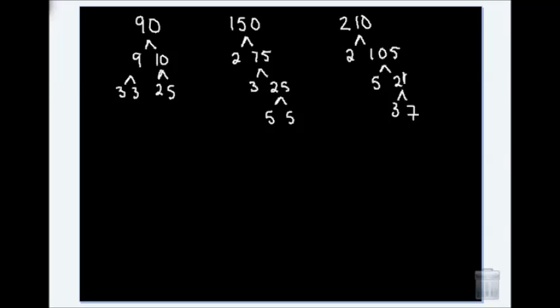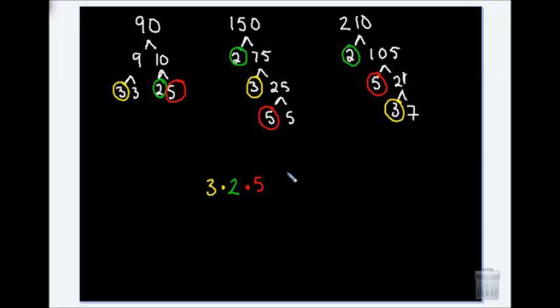Instead of pairs though, because I have 3 numbers, I'm going to look for triplets. So I have a 3, and a 3. I have a 2, and a 2. And then I have a 5, and a 5. So 5 times what? On the 1 5, what is that? 5 times 21. So that would be 30.